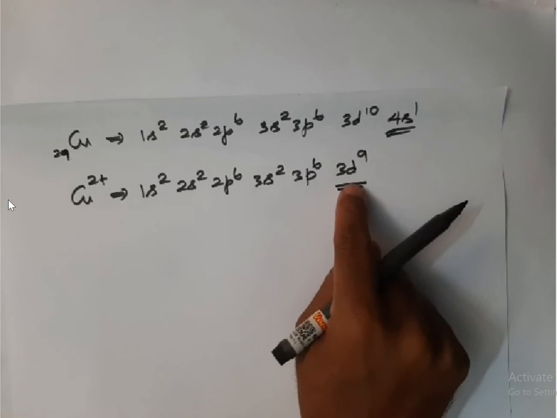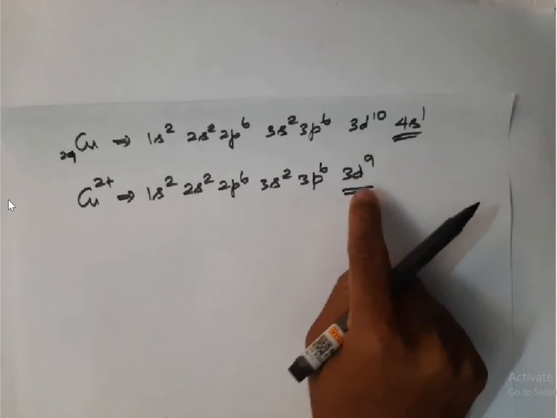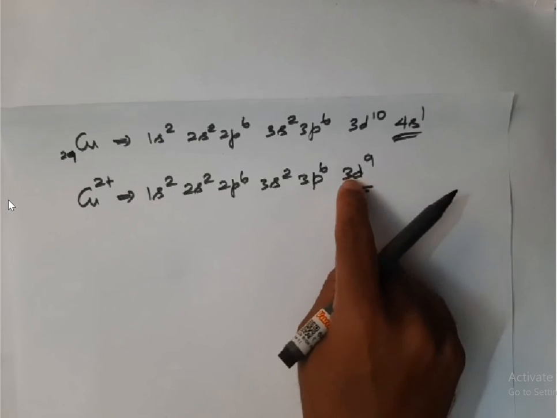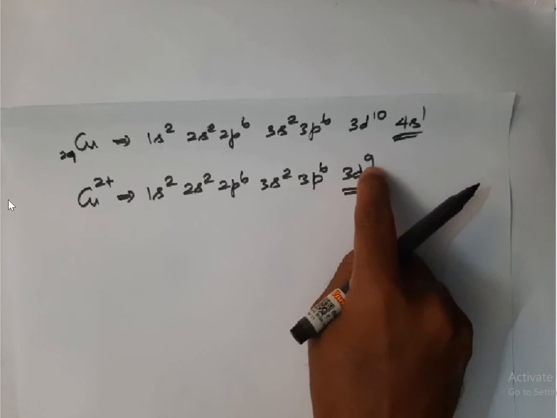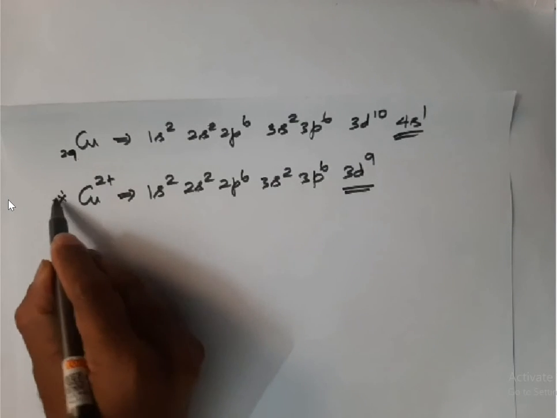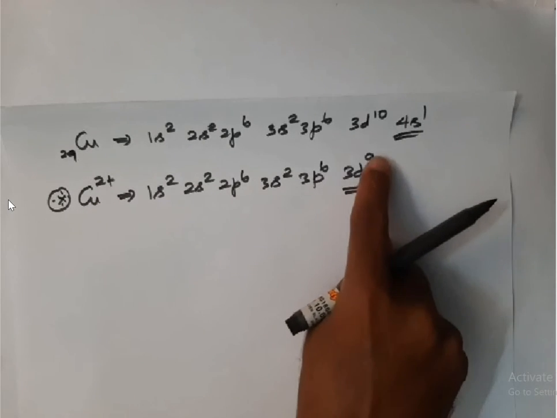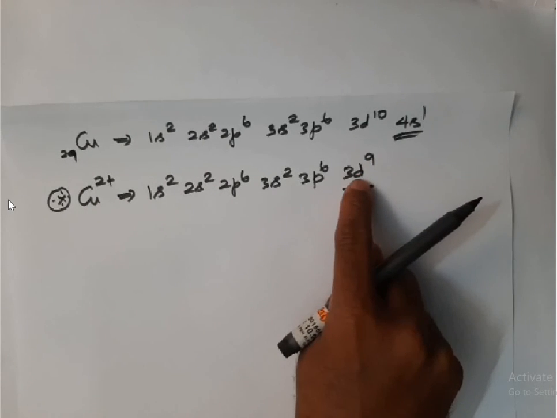This is the full configuration, and 3d9 is the outer one. This 3d subshell has 9 electrons now. Students, observe carefully. I am talking about the cupric ion, not copper. The cupric ion has 9 electrons in the d subshell.